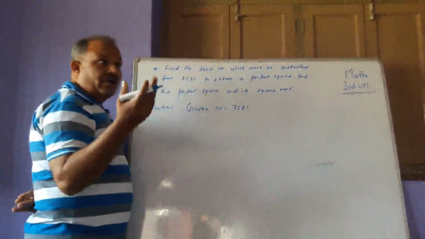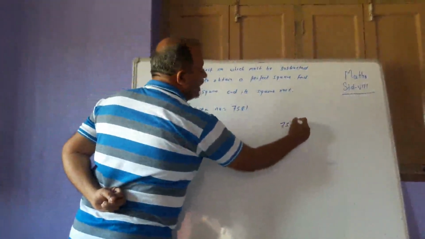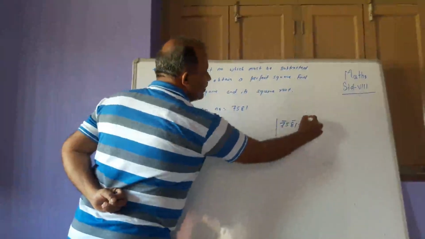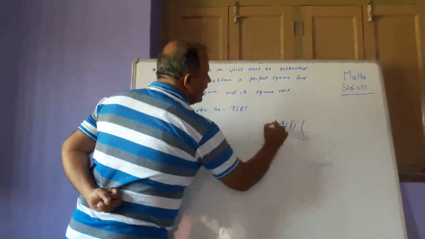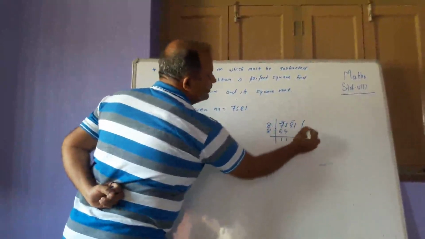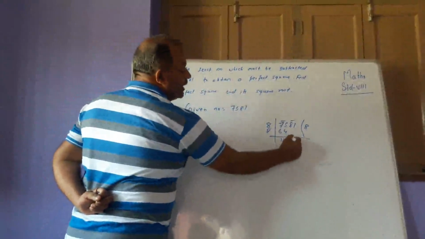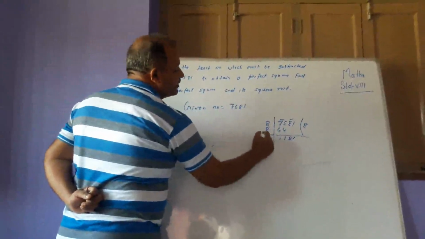Now we have to use the long division method. We have to make pairs from the right side like this. 8 8s are 64. We are left with 11. Here 8 will be given. Now the next pair will arrive here. 8 8s are 16.